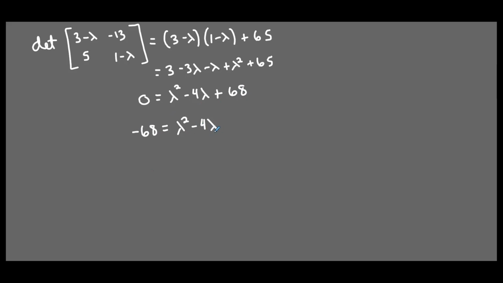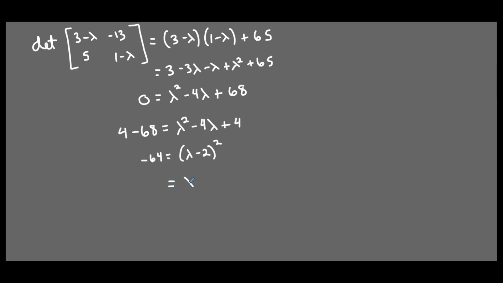And then I want to complete the square, so I'm going to take the coefficient of the lambda term, it's negative 4. I'm going to divide that by 2, that's negative 2. Square it, I get 4, so I'm going to add 4 to both sides. So I get negative 64 on the left, and on the right, this is the perfect square. This is lambda minus 2 squared.